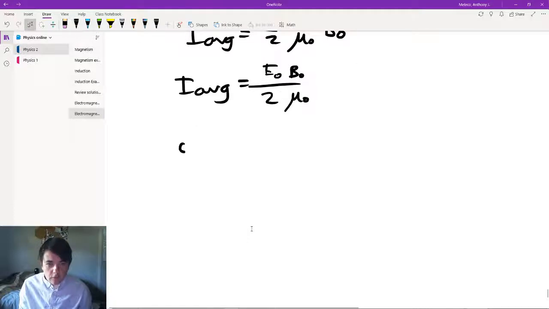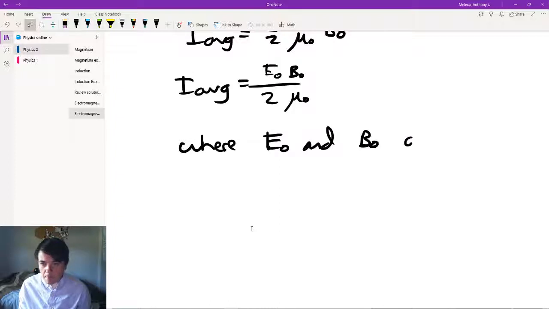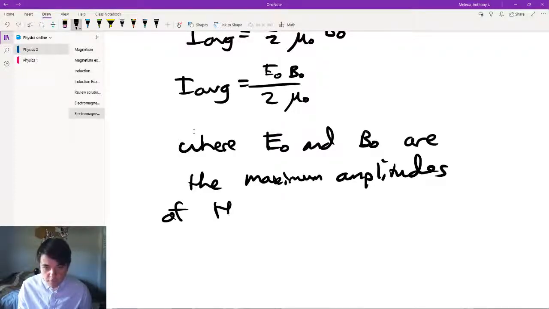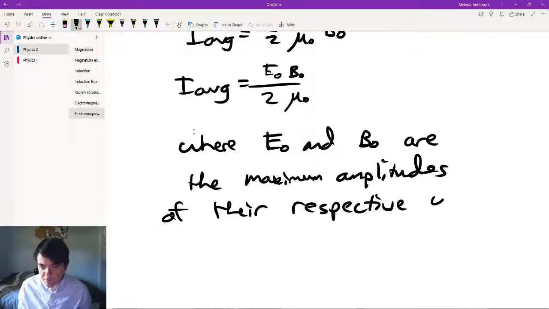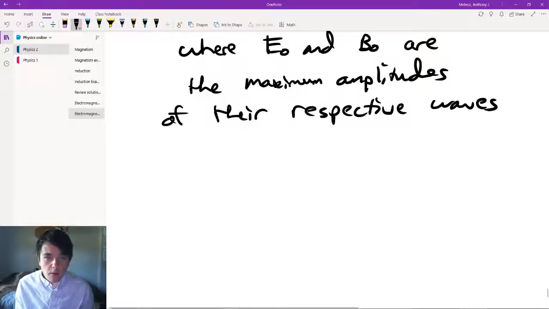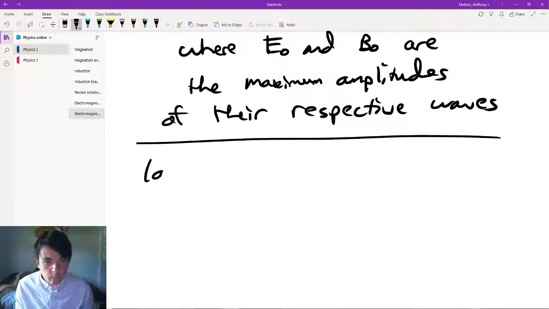E naught are the maximum amplitudes of their respective waves. Okay. So that's how much energy is transferred.